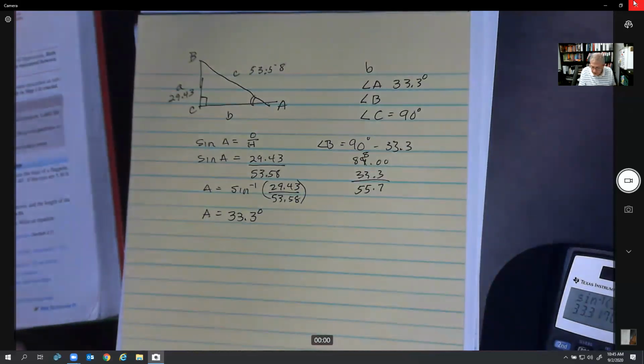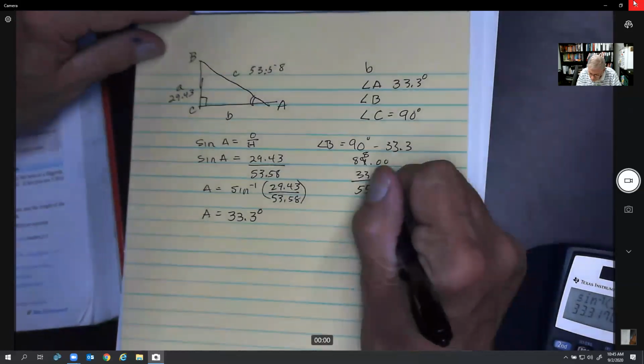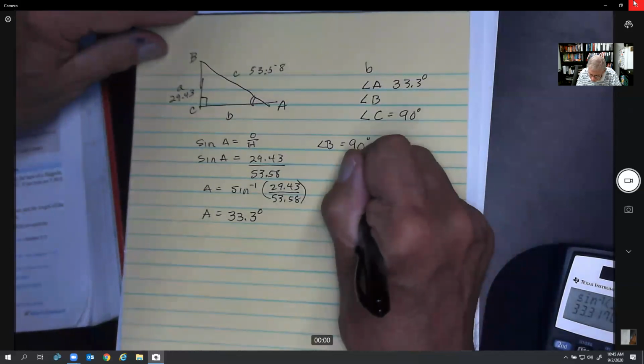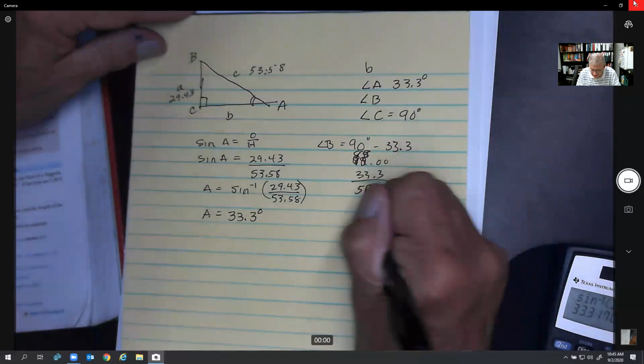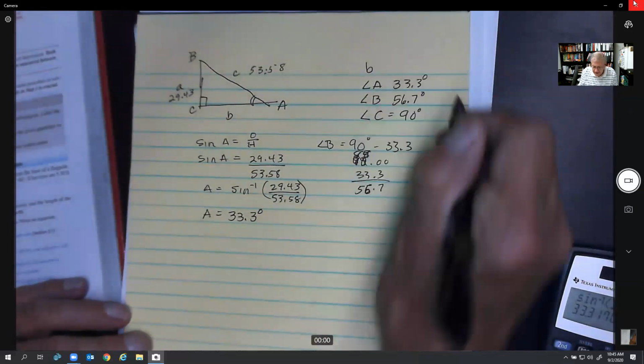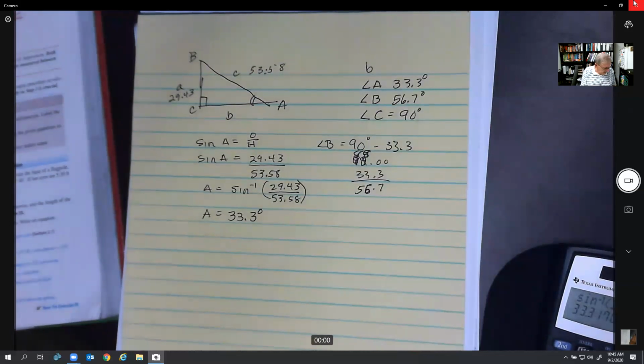Did I get it right? How do you get 56? Oh, this was 90. I want to change it to 89. What am I talking about? Golly. 56.7. Sorry, they're right. Teacher is wrong again. It's worn out this week.